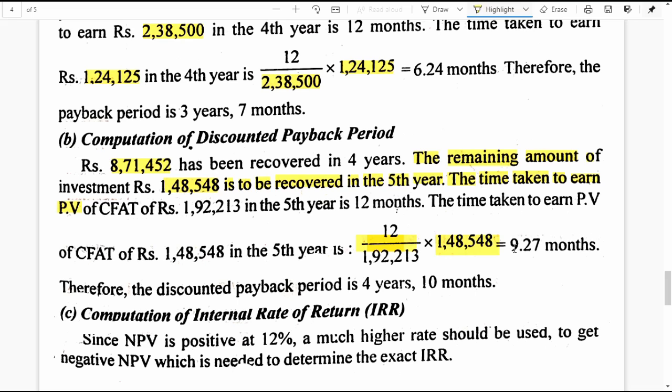So we need to spend 9.27 months in the 5th year to get this balance. So altogether, the discounted payback period of the project comes to 4 years and 9.27 months, or you can say 4 years and 10 months approximately.